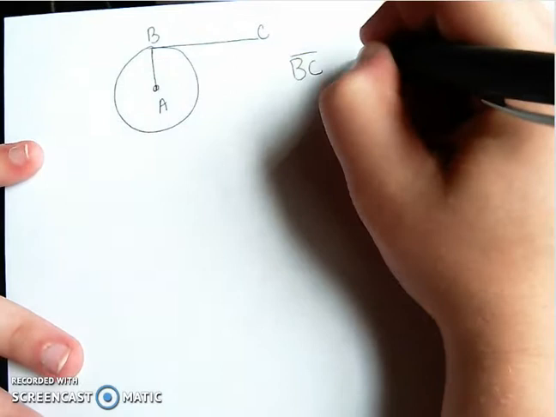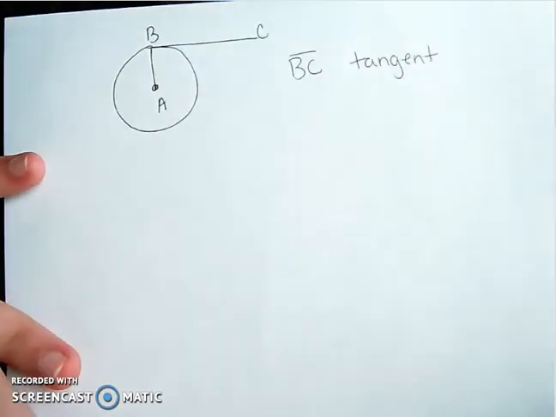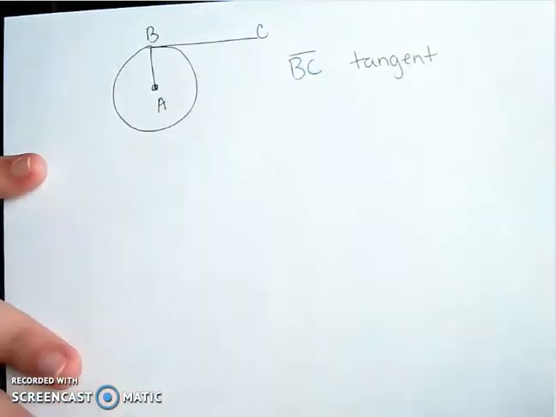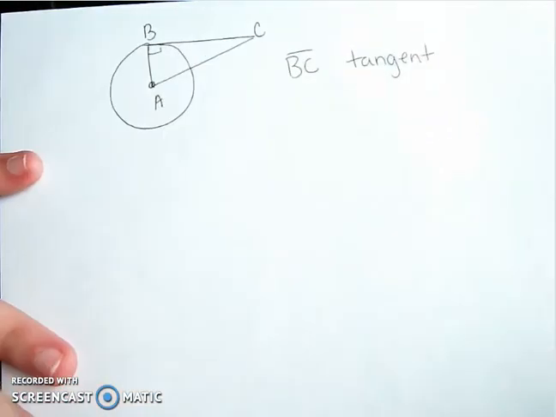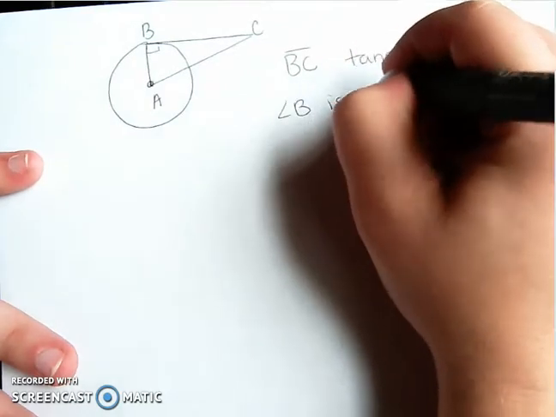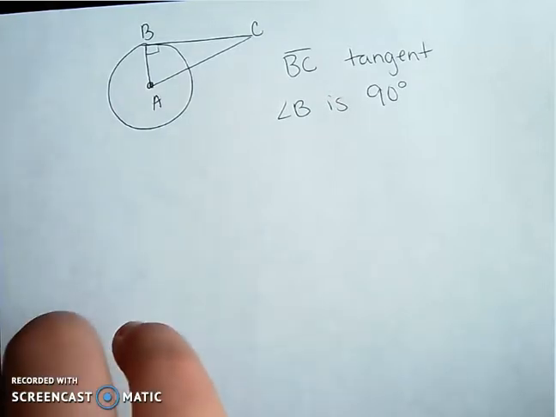If you remember, BC we call tangent because it touches only once. And the wonderful thing about a tangent line is if it touches a radius or a diameter, because a radius is part of a diameter, then it creates this wonderful little right angle. So angle B is 90, if it connects with a radius. If it connects with a chord, it doesn't mean anything. It has to connect with the center of the circle.